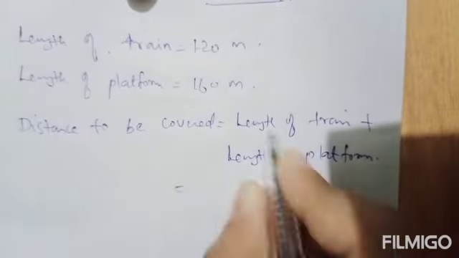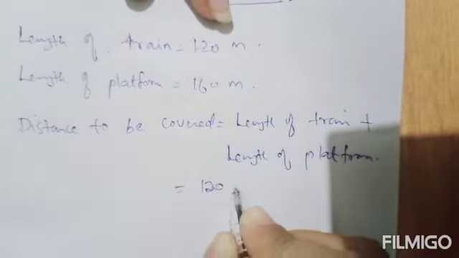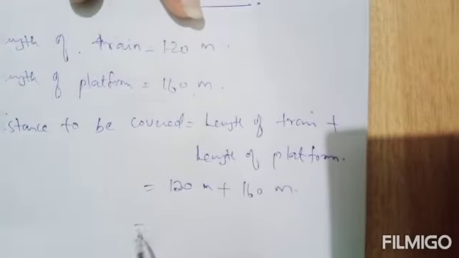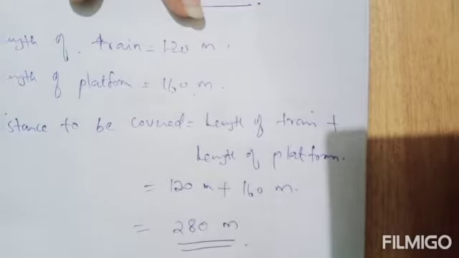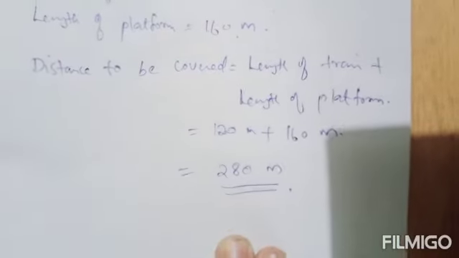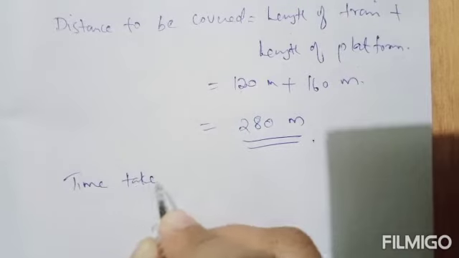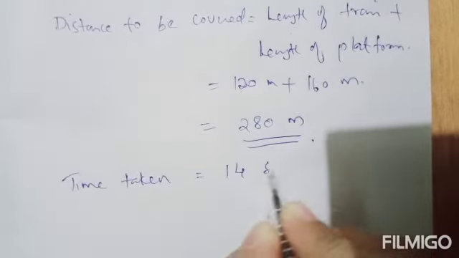So the length of the train is 120 meters plus the length of the platform, 160 meters. So 120 plus 160 you will get 280 meters. This is the distance to be covered. Now the time taken to pass this platform is given as 14 seconds.